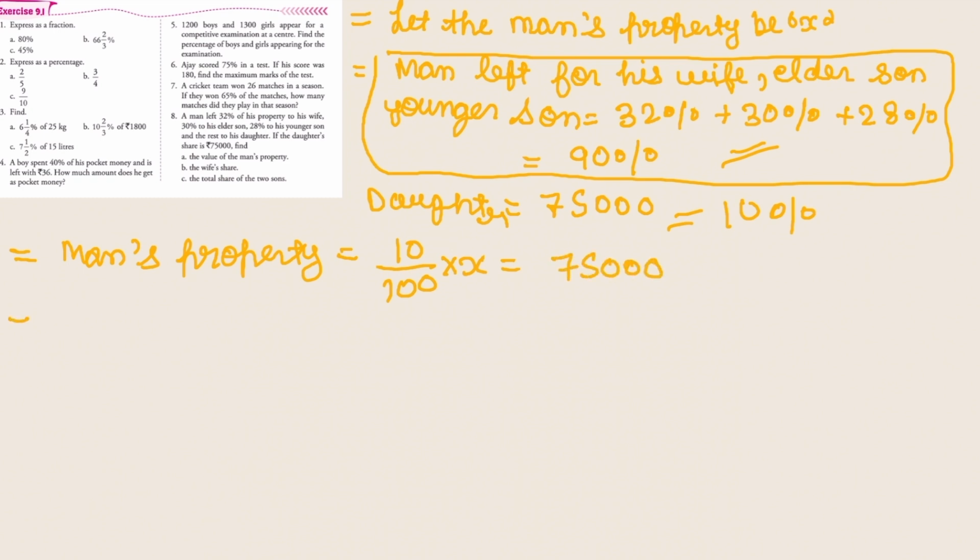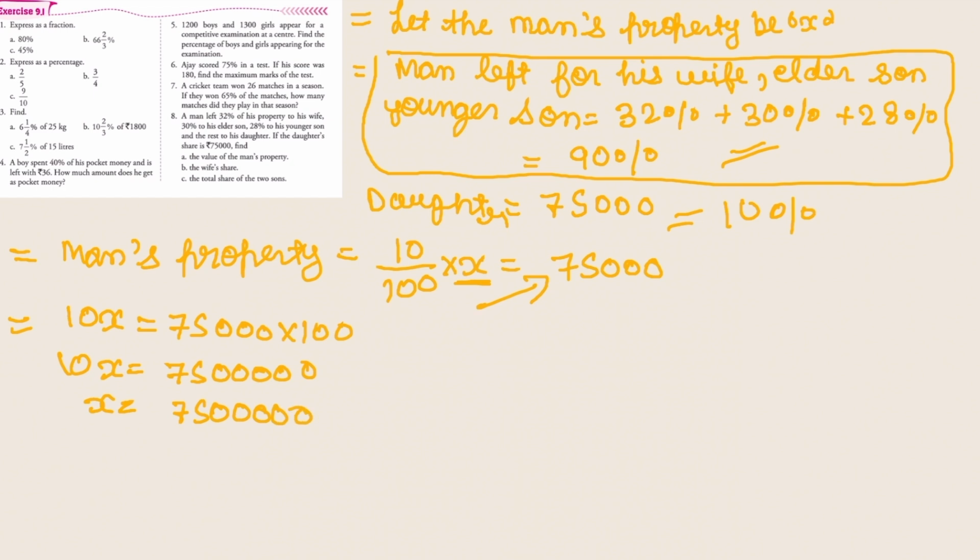Now we have to find the man's property, which is x. 10x will go and multiply: 75,000 into 100. So 10x is equal to 75x. One zero will get cancelled out. So the correct answer is 7,50,000, the man's property.